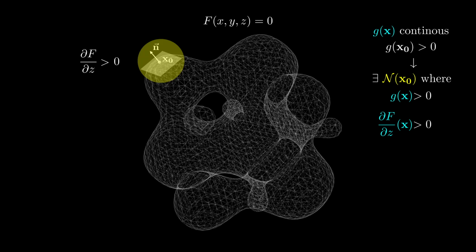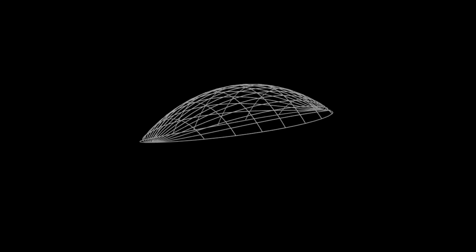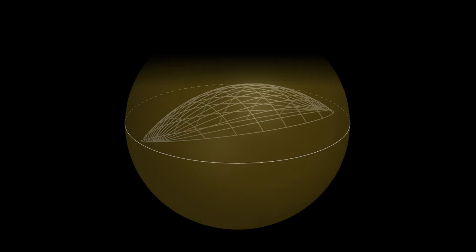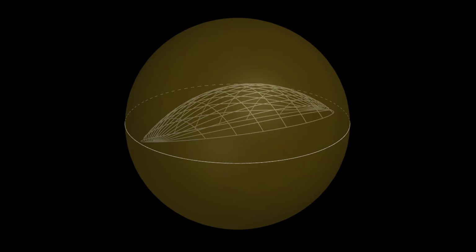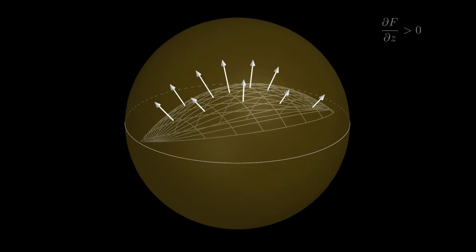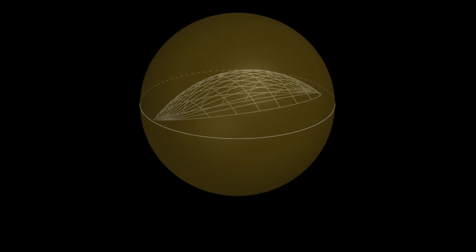Now I can zoom into this part, and I can trace my neighborhood, and inside that neighborhood all the normal vectors will point upwards, as the picture depicts. This is because all of these have a positive value of this partial derivative. Now that we found this, we can continue.